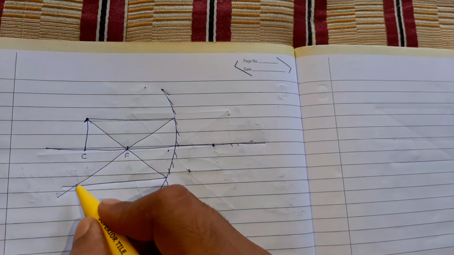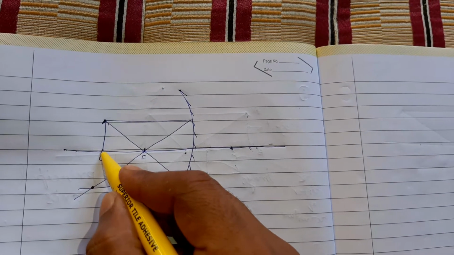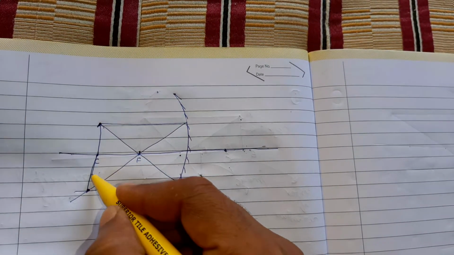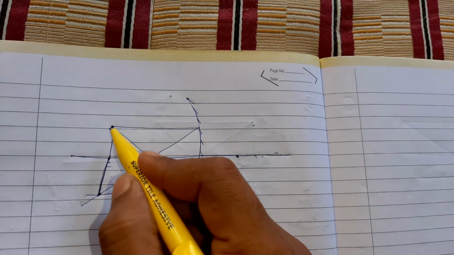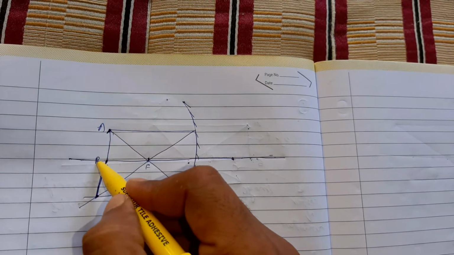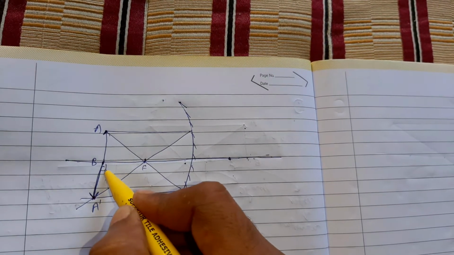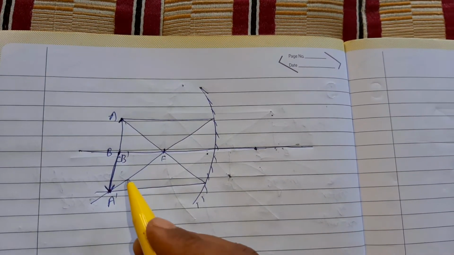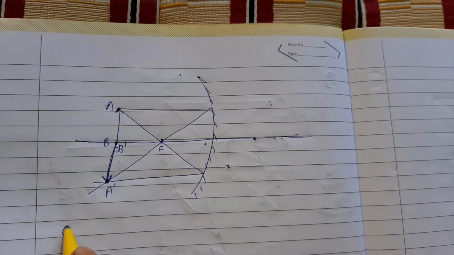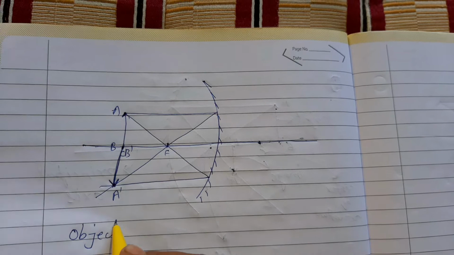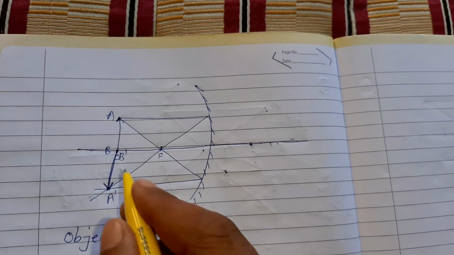So here is the point. I will make a line like this. This is A and B, and here A dash and B dash. This is the image formation. So the object is at C, C stands for center of curvature.